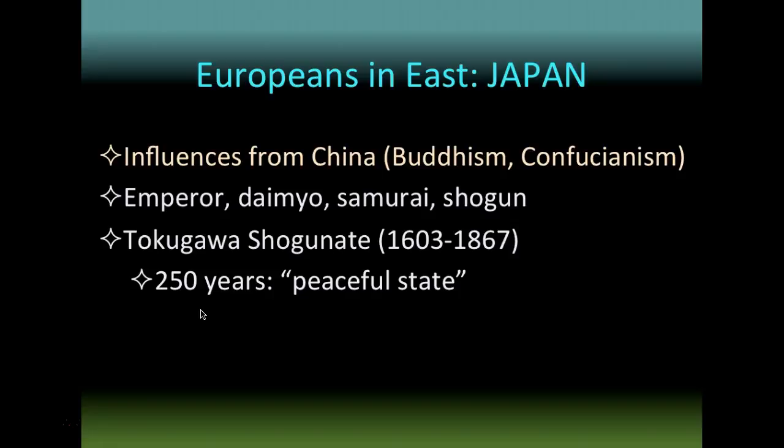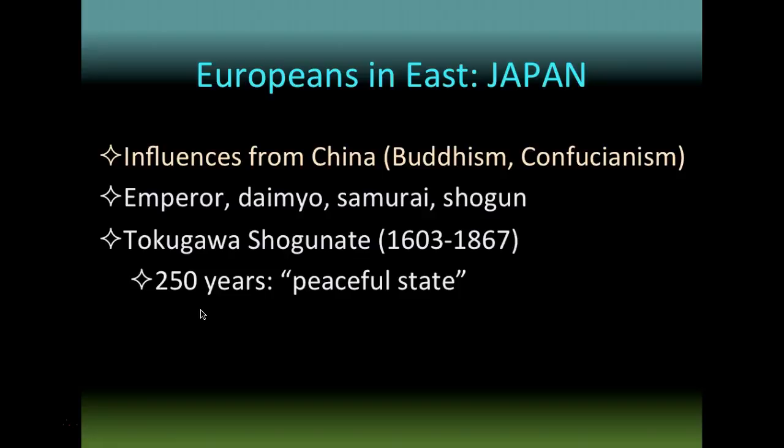The social structure, political structure of Japan starts with an emperor on top, and then there are what are called daimyo, which are basically powerful lords who have territory, and in that region they have samurai who are military to protect them, and eventually there's a shogun.